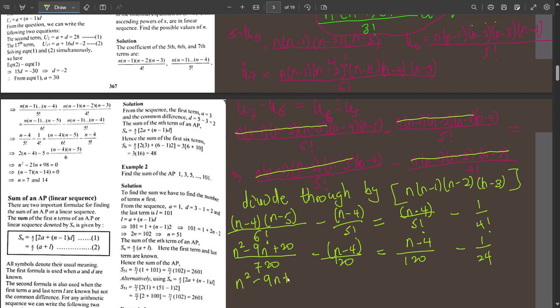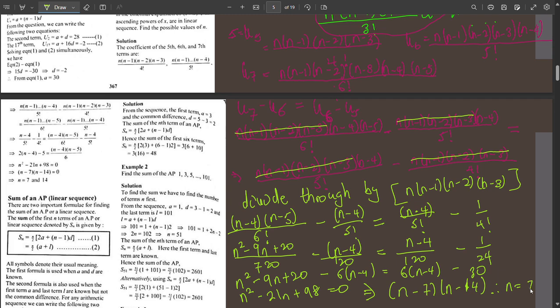We're going to be left with this, then factorize this to be. So therefore n is equal to 7 or 14.